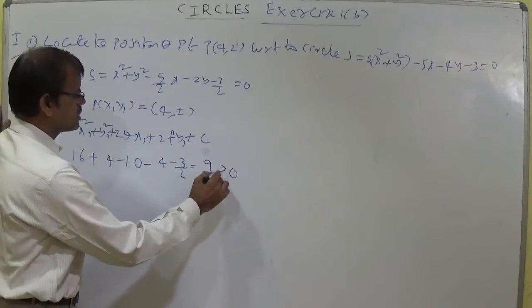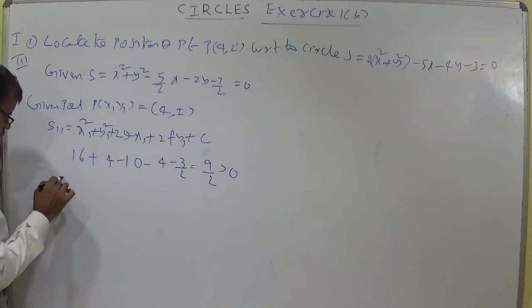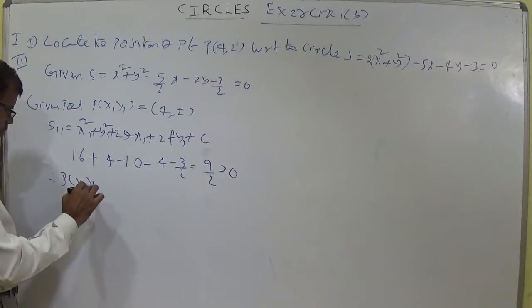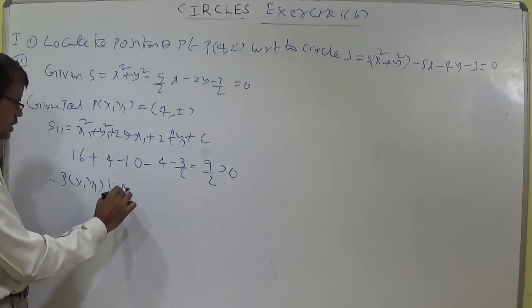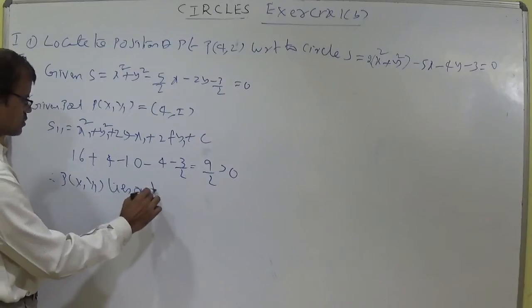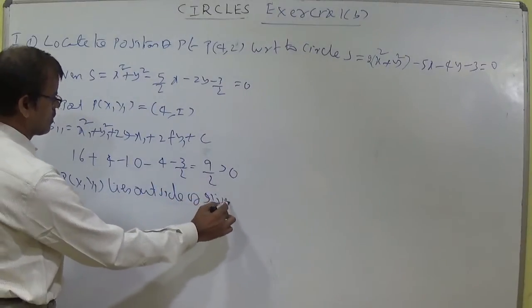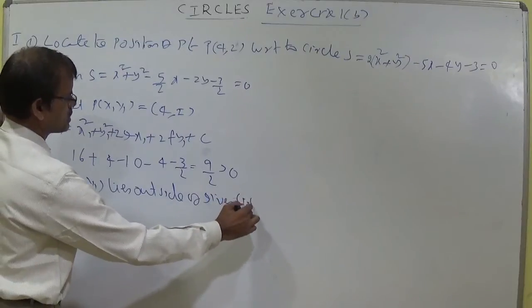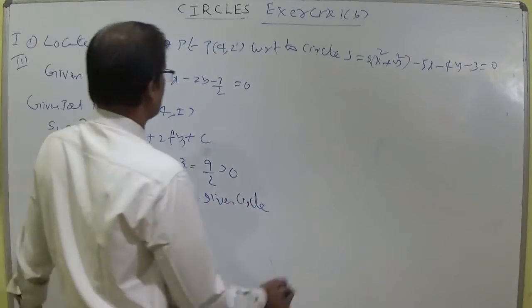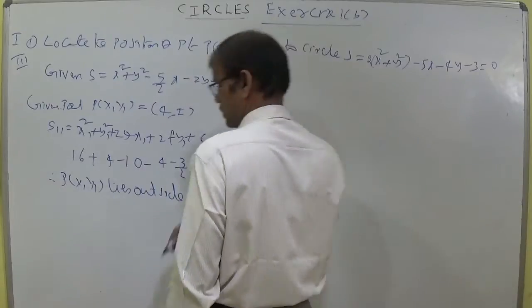If it is positive, greater than 0, therefore P(x1, y1) lies outside of the given circle. Like that you should write: lies outside of the given circle. This is called the position of a point.